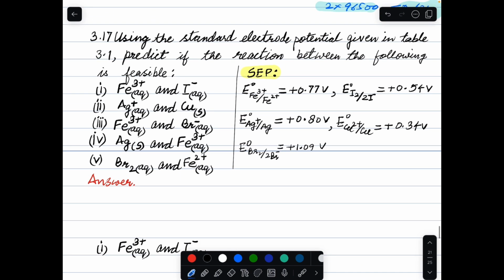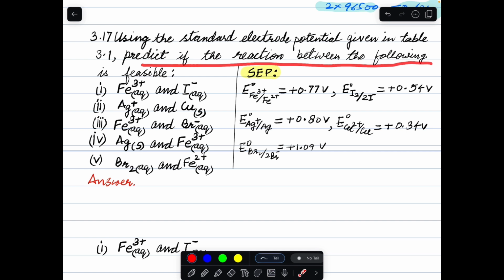Next one. In the next question, we have, using the standard electrode potential given in the table, predict if the reaction between the following is feasible. Now I have written here your standard electrode potential from the table 3.1 of your NCERT book.